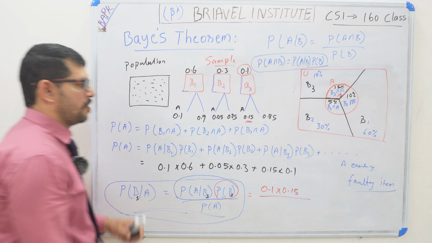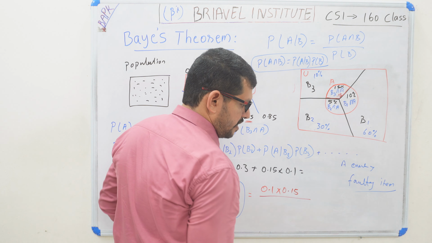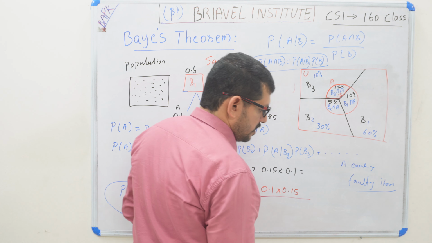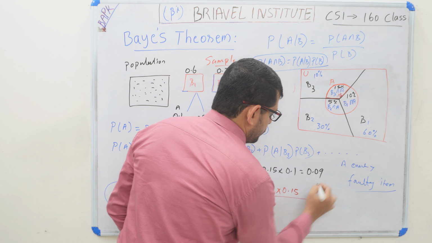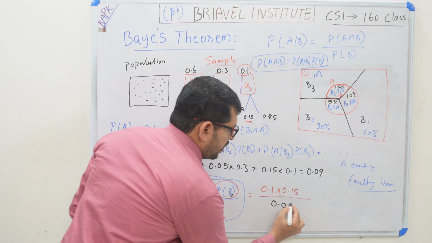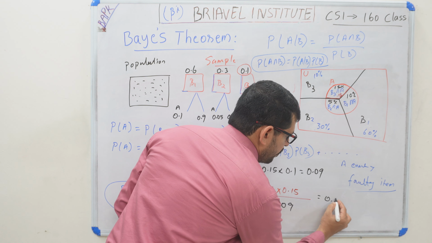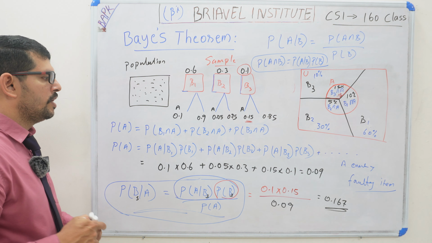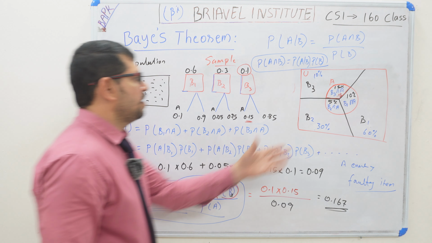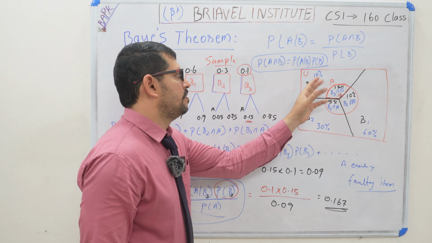So this is the total probability. This total probability will get 0.09. So the total probability is 0.09. Now you see selecting B3.